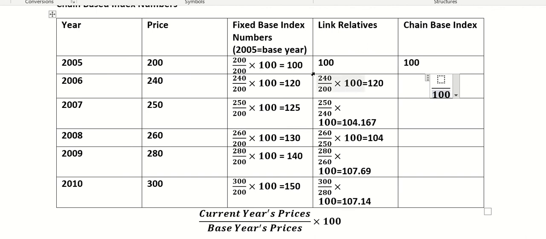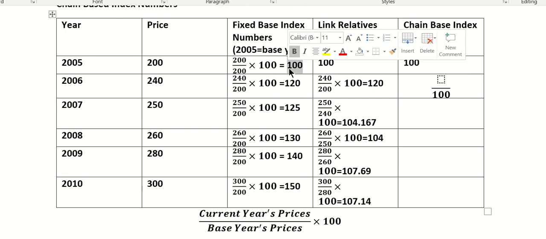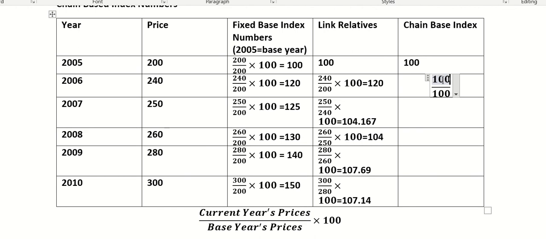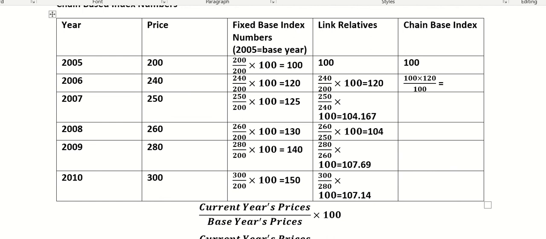Now we multiply this 100 fixed base index and this 100 into this 120. So we write it like this: 100 into 120, and the denominator 100 remains the same, so it comes to be 120.